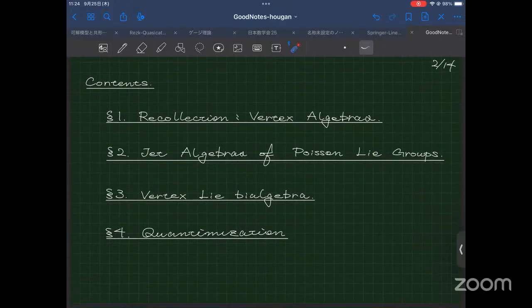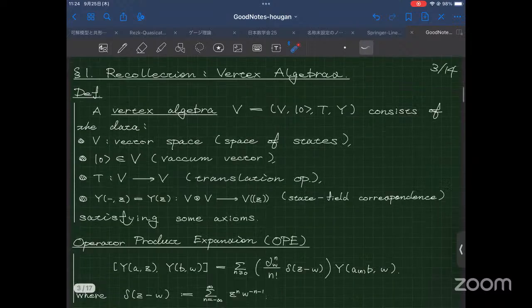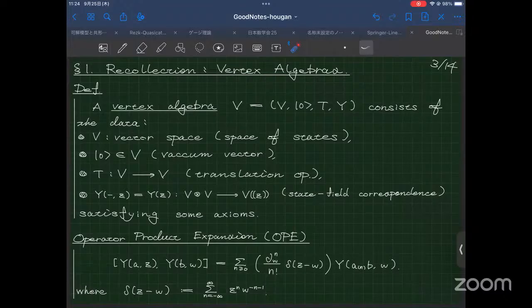The contents of today's talk are as follows. To begin with, I introduce vertex algebras and some related notions. A vertex algebra consists of the following data: a space of states, a vacuum vector, a translation operator, and a state-field correspondence.